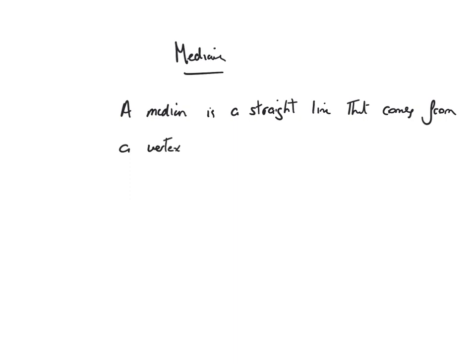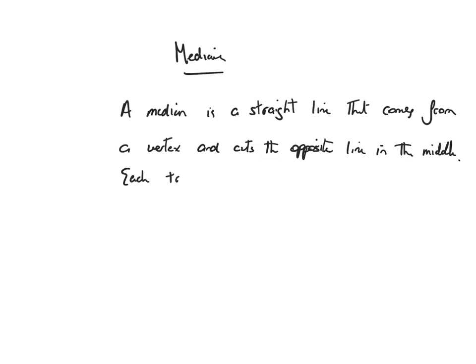A vertex is just the corner of the triangle. So it comes from a vertex and cuts the opposite line in the middle. Okay, so that's a median.